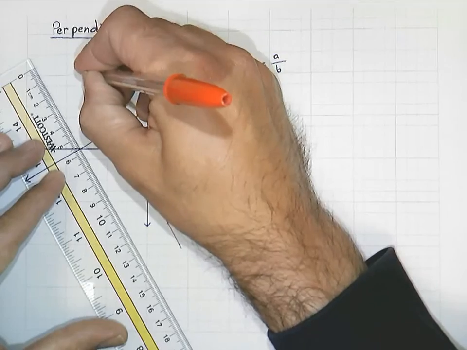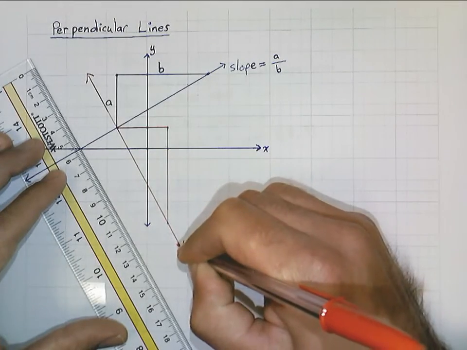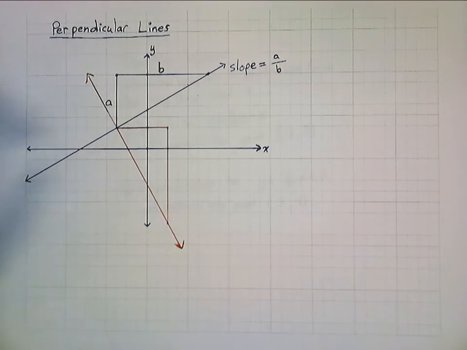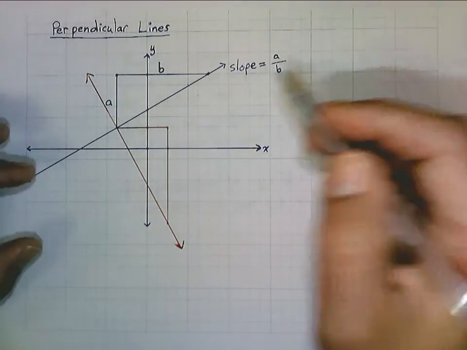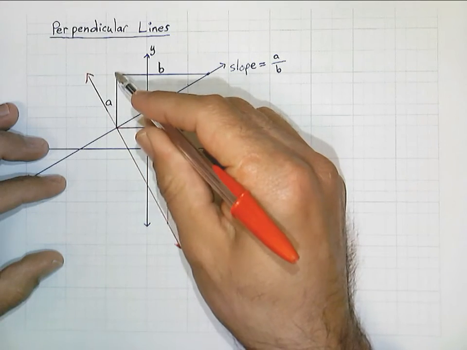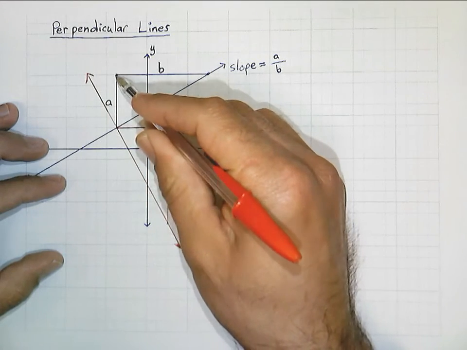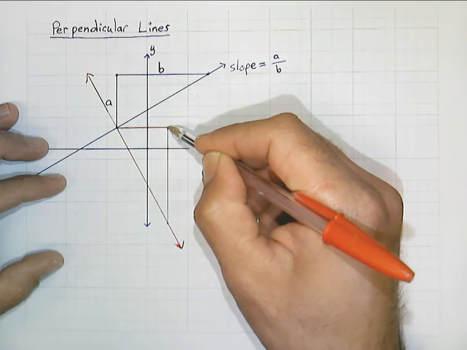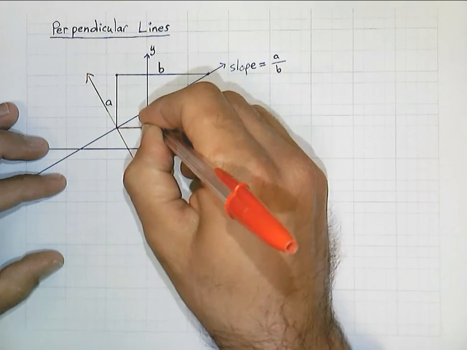And of course, since we rotated the thing 90 degrees, we have two perpendicular lines. But the important thing here is that notice what happened. This rise of A turned into this horizontal line. It's now turning into a run, also of A.